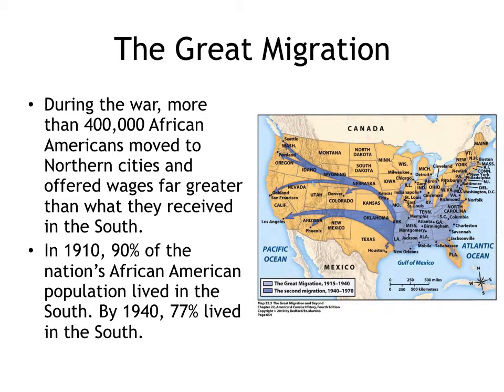Lots of African Americans leaving in the First World War for the Northeast, the Midwest. In the Second World War, a lot of that migration shifts to the West, the Pacific coast. And that has a fairly dramatic effect on the location of where African Americans live within the United States. 90% of African Americans prior to 1910 lived in the states of the former Confederacy. But by 1940, that number had dropped to only 77%.